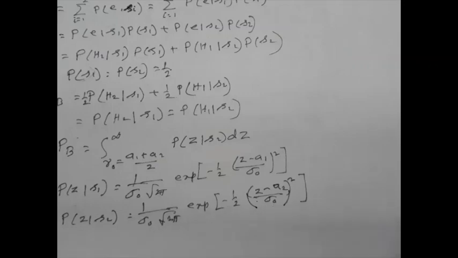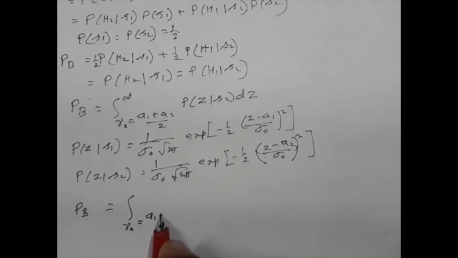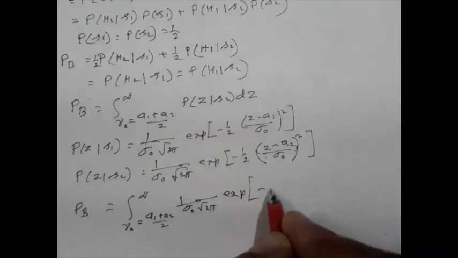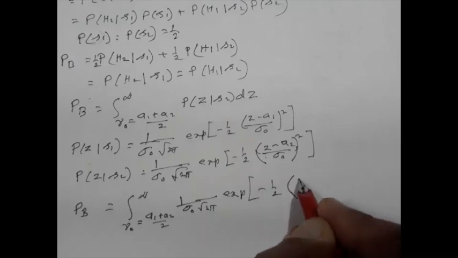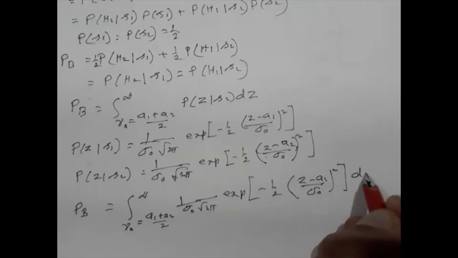Sigma 0 squared is the noise variance. So if we use these notations for the Gaussian PDF, we can write P_B equal to the integral from gamma 0 equal to (A1 plus A2) by 2 to infinity of 1 by sigma 0 root over 2 pi times exponential of minus half ((z minus A1) by sigma 0) squared dz.